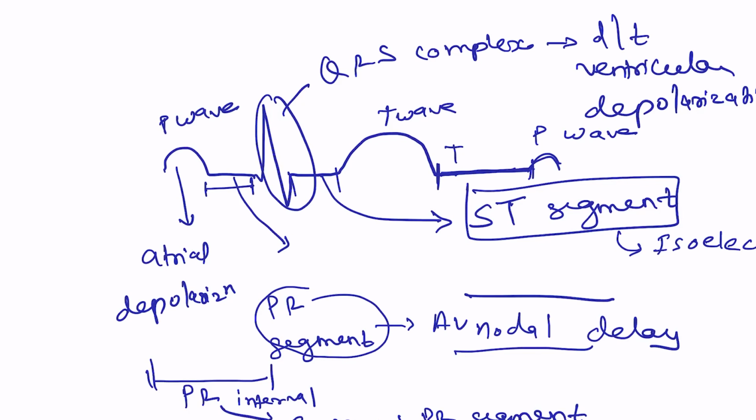Whenever we say there is PR segment elevation or depression, or ST segment elevation or depression, it has to be compared with the TP segment, which is always isoelectric. This is the convention that has been followed with ECG machines. But usually the PR segment is mostly isoelectric, so we frequently compare the ST segment with the PR segment. But ideally we have to compare it with the TP segment only.